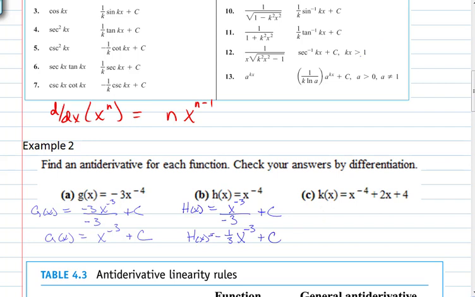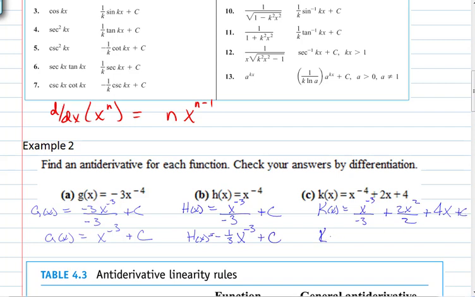Add 1 to the exponent, divide by the new exponent. Add 1 to this exponent, what do you get? Divide by the new exponent, plus 4x plus c.